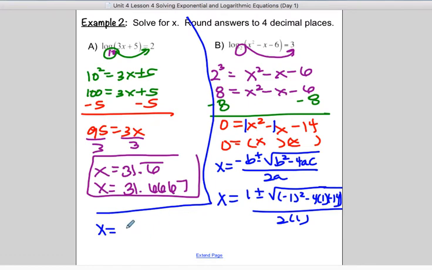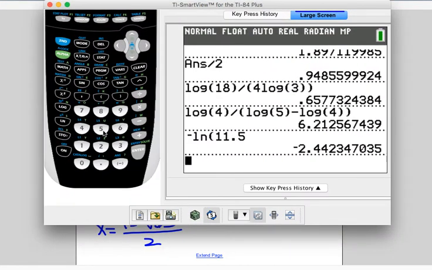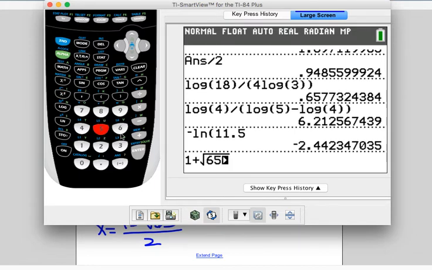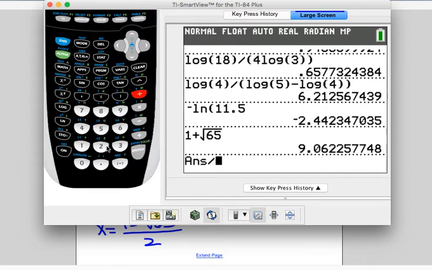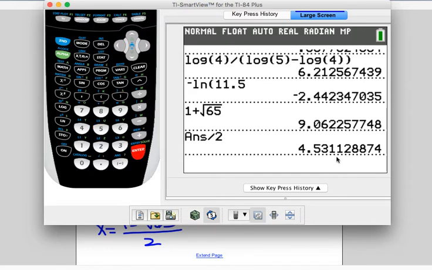So x is equal to 1 plus or minus the square root of, if I type in what's underneath my radical, I get the square root of 65, divided by 2. Now, it's important to type this in because some of you are making silly mistakes when you type it in. So it's 1 plus the square root of 65. You must hit enter and then divide by 2. Okay, so we get 4.5311.